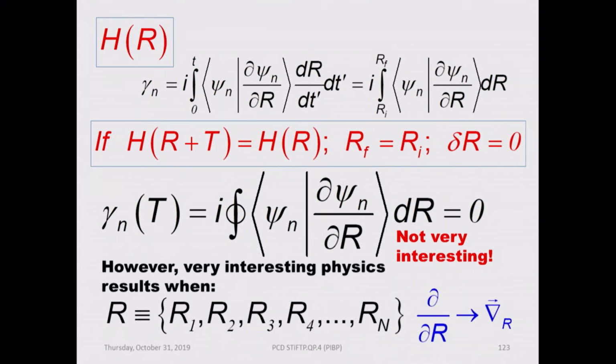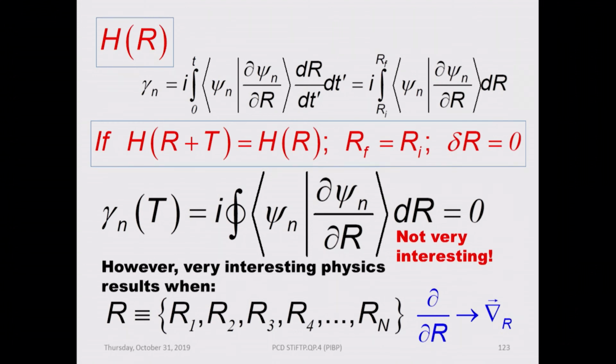So, then you get some very interesting physics, because the partial derivative with respect to R is now a set of partial derivatives, and they all go into what will become a gradient in the multi-dimensional R parameter space. Okay?